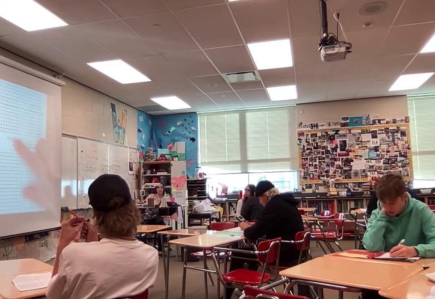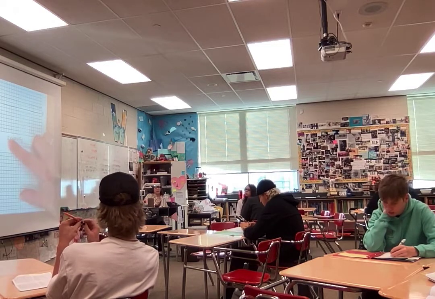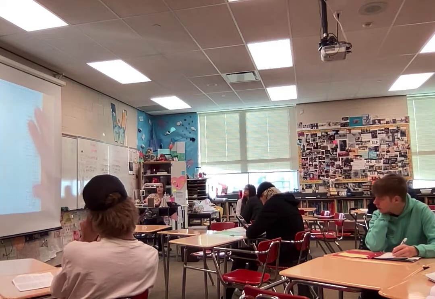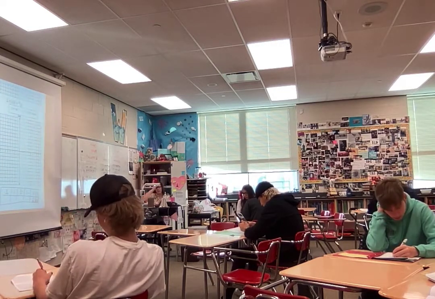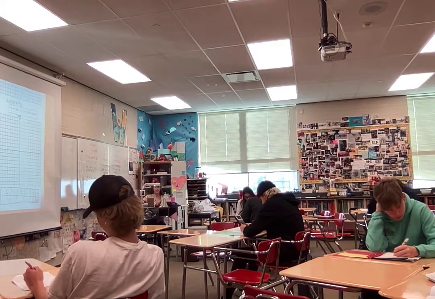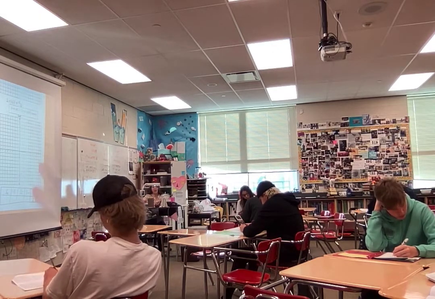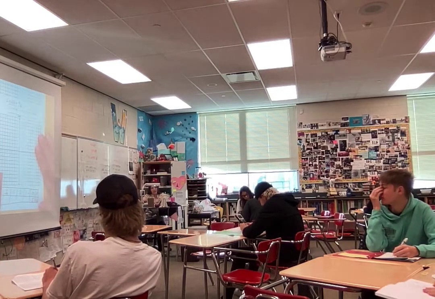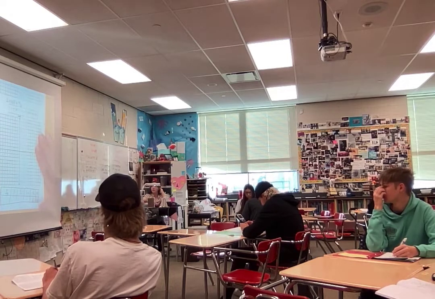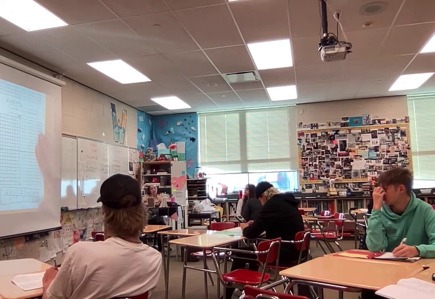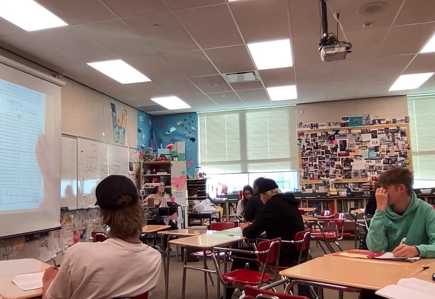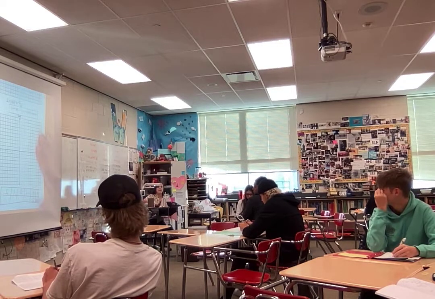So 0 plus 0 plus 2. If my x is negative 1, then negative 1 squared plus 3 times negative 1 plus 2. What does that equal? You could use a calculator.